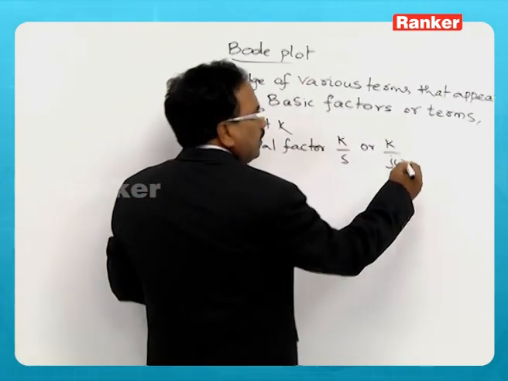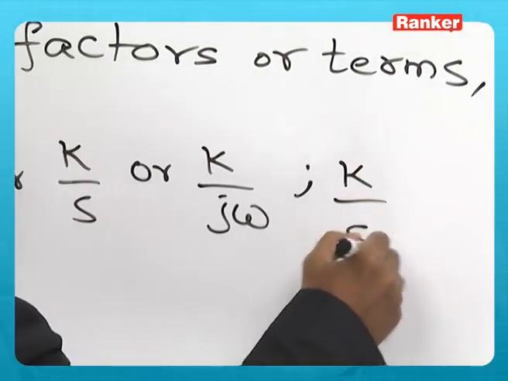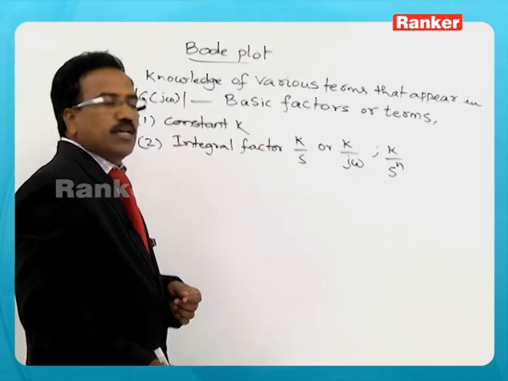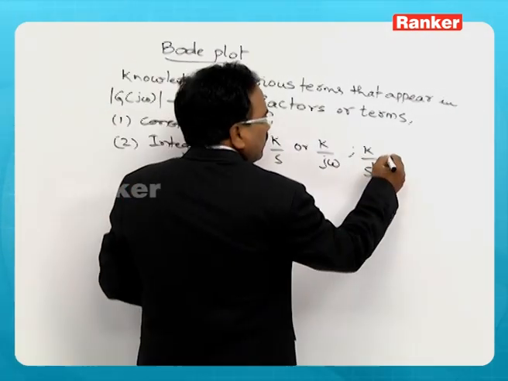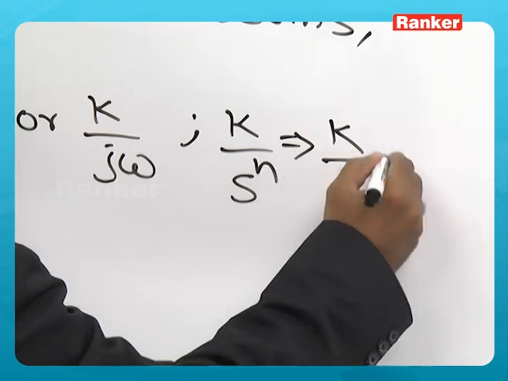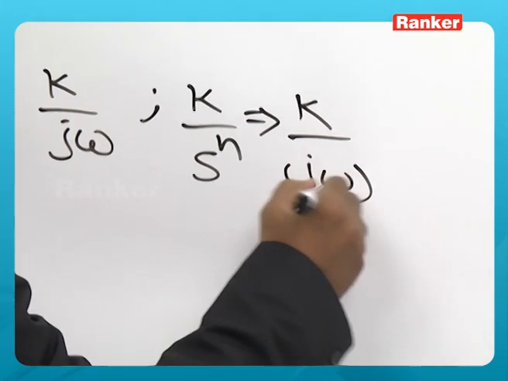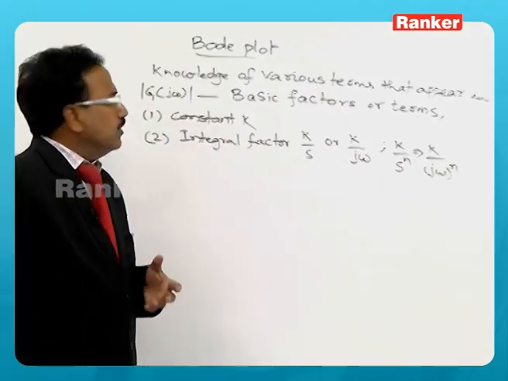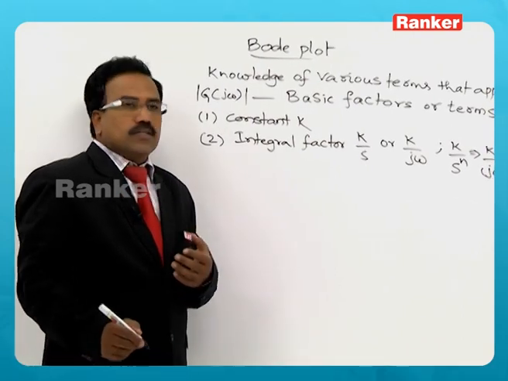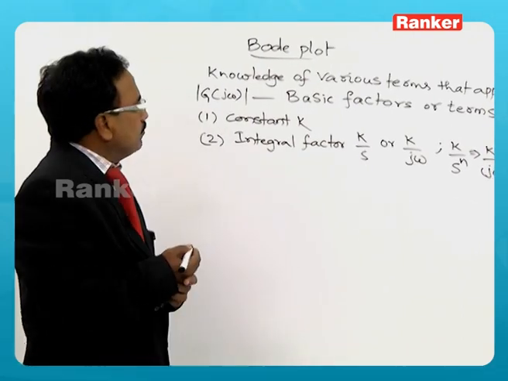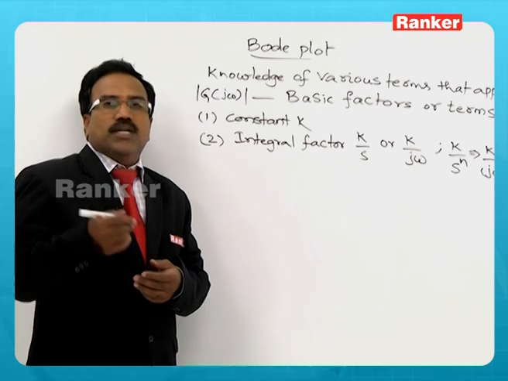Sometimes there may be more poles at origin, that is k by s power n, that means the function j omega whole power n.